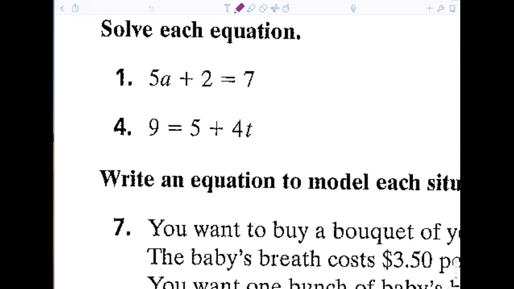I don't want the answer. I want you to tell me what am I doing. Yes, come on, Leighton. Come on, buddy. Subtract 2. You got this, man. So 5a equals what?